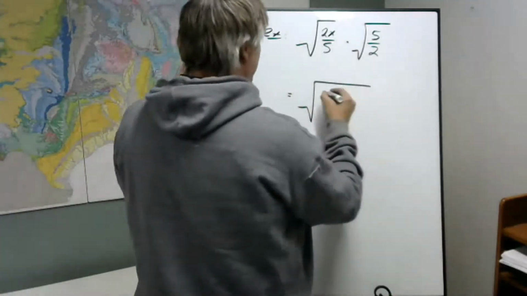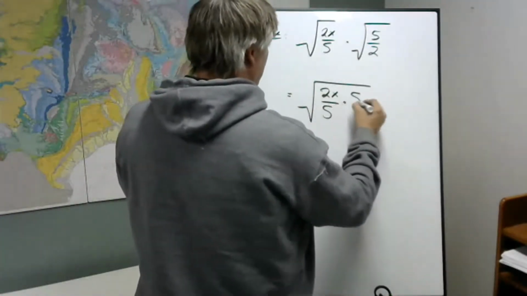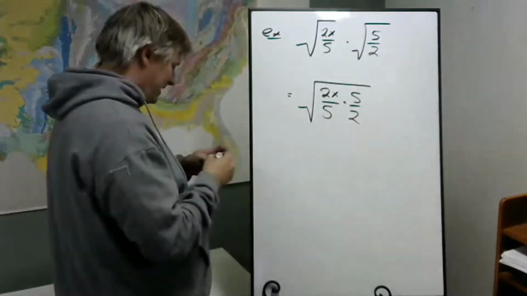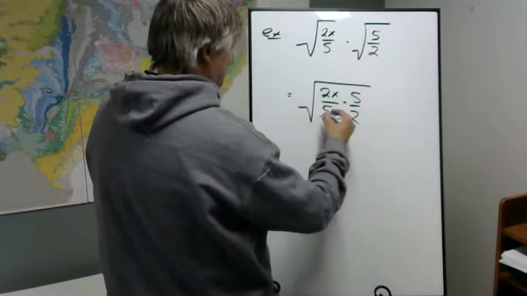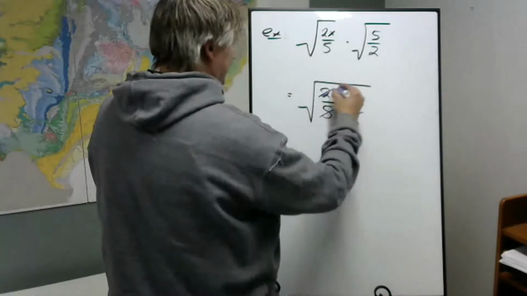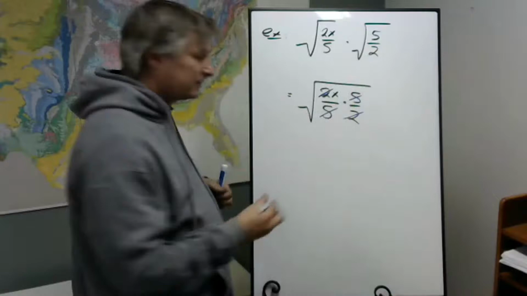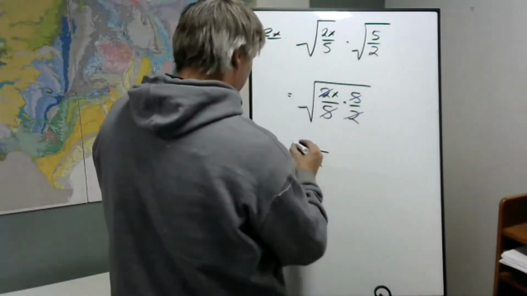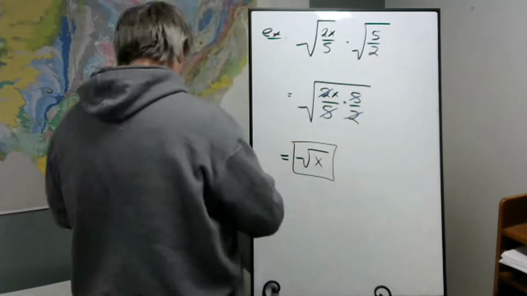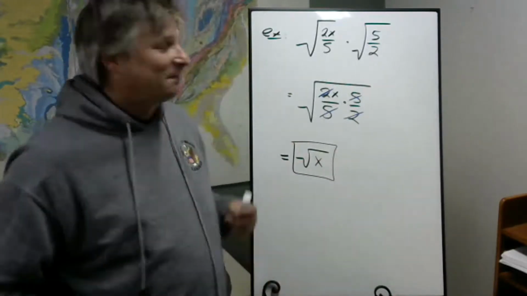So we can combine them into one root. And then what's going to happen, 5s will cancel and the 2s will cancel. And so what we're going to be left with after simplifying is the square root of x. And that's going to be your answer.